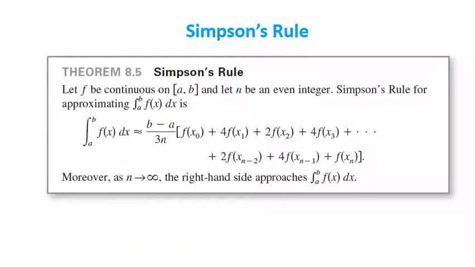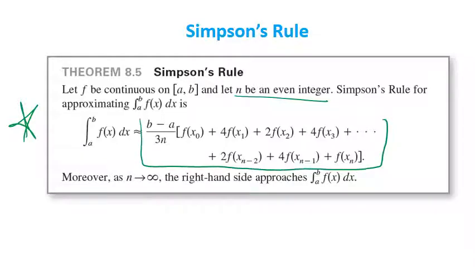And here is the theorem that states Simpson's rule. And again, this is simply an approximation. N has to be even, which we have talked about, and we're just going to be approximating this integral, just like the previous example. So here, a couple things to notice is this is the formula that you'll use.